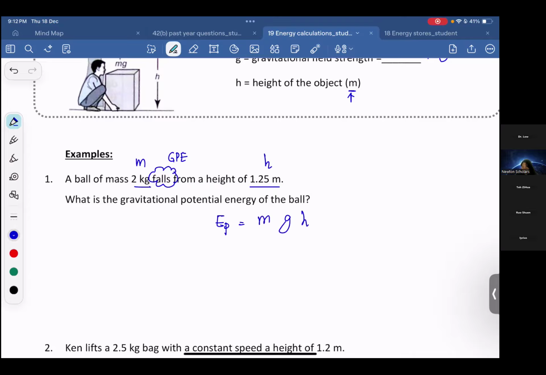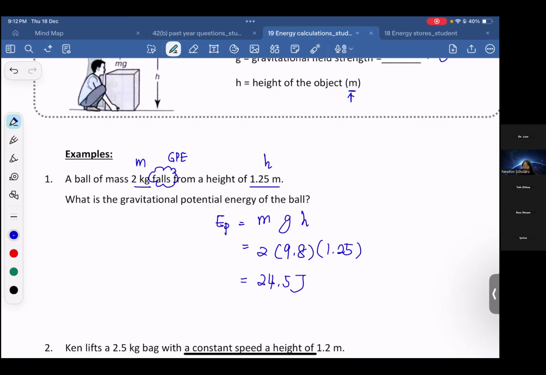So mass is 2, times 9.8, times the height 1.25. This question, nothing to trick you. Okay, press your calculator, or somebody can press and then tell me the answer. 24.5, Crystal tells me 24.5 joule.